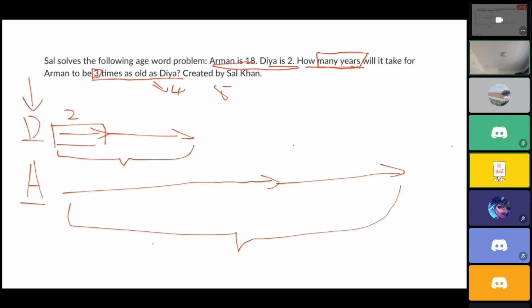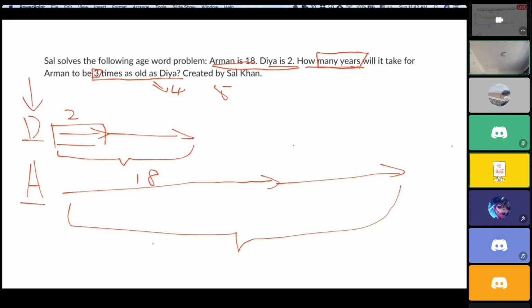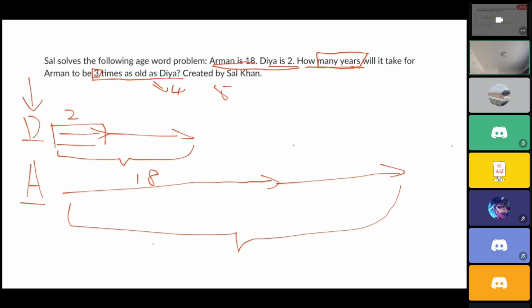Because then it has to be a 3-to-1 ratio, so 3 plus 1 equals 4. 16 divided by 4 equals 4, and 4 plus 2 equals 6. So then 6 years of addition. Yeah, it's 6 years of addition, right?